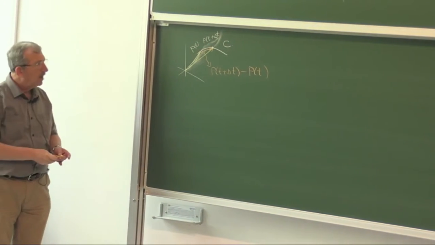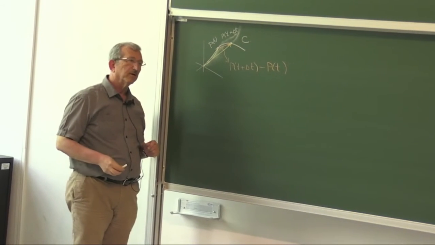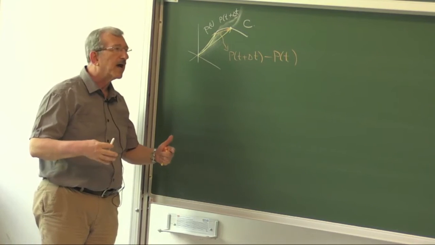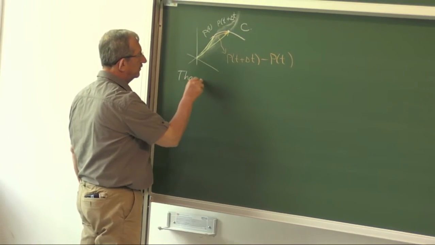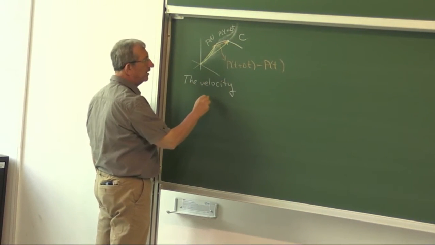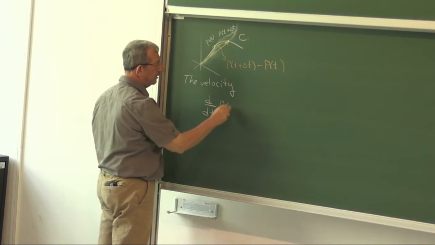Now, because this is a position vector, and the derivative of the position is defined in physics as velocity, then the velocity will be the derivative of P of t.